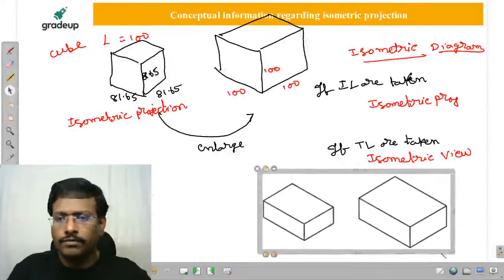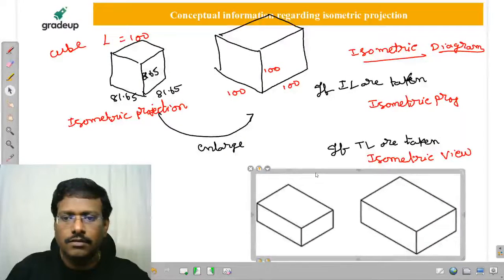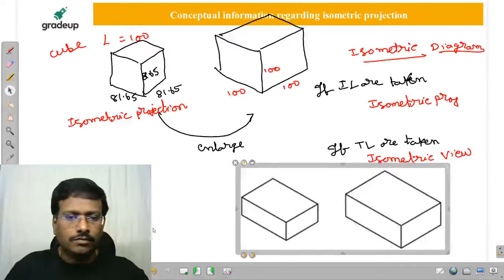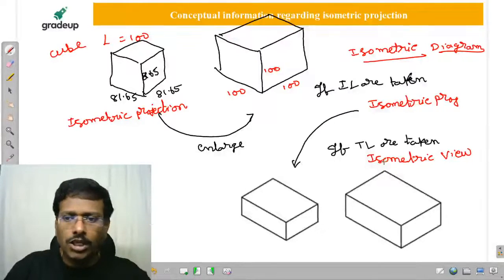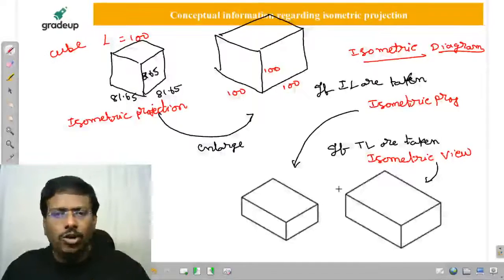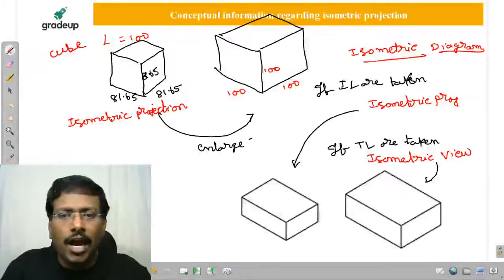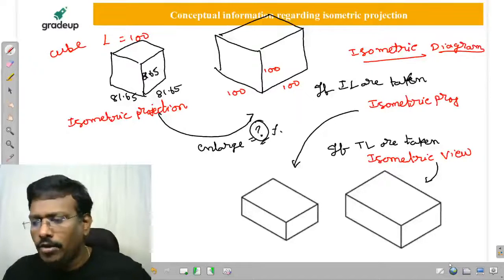So here, remember my dear friends, isometric projection is this, isometric view is this. It is an enlarged object. Now my question is, how much percentage is enlarged? Can anyone give the answer?